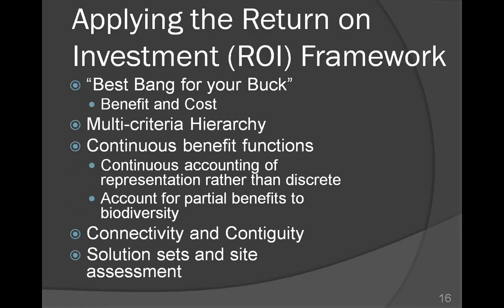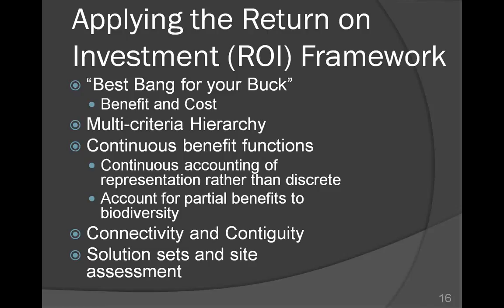And so, in a nutshell, the return on investment framework is getting the best bang for your buck. It's basically a benefit and cost framework. In this application, we use the multi-criteria hierarchy to do it, and this idea of continuous benefit functions, which I'll get into in a minute, which is continuous accounting of habitat representation or any other representation for that matter, rather than this discrete accounting that we're used to.